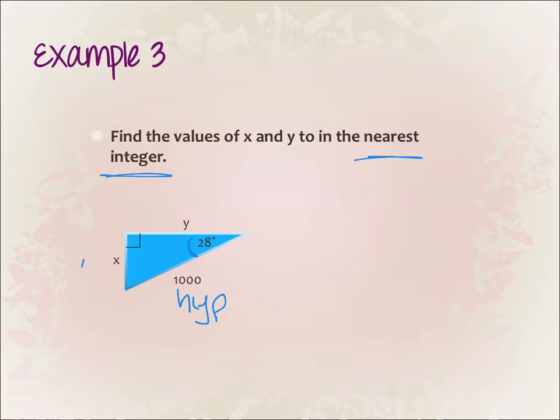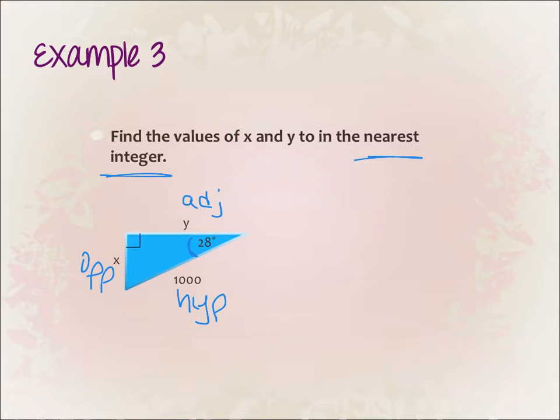The opposite. And then the y is going to be our adjacent. Okay, everybody with me right now? All we've done is label our picture based on the 28 degree angle. All right, so now we've got to figure out some trig functions to find x and y. Which one do you want to use to find x?